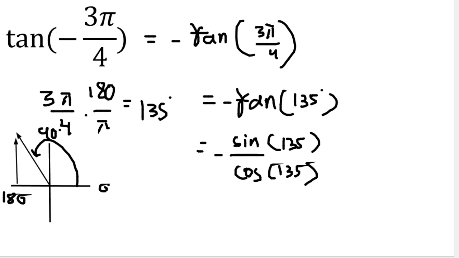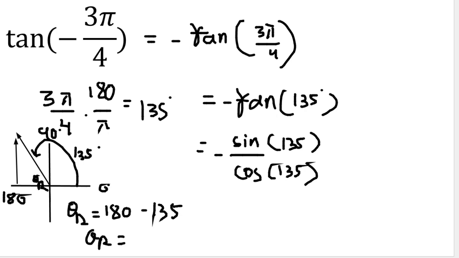So we rotate it counterclockwise 135 degrees. Now what we need to find is the reference angle. To find the reference angle, we need to subtract 135 from 180 degrees. So if you take the difference, that's going to be 45 degrees.